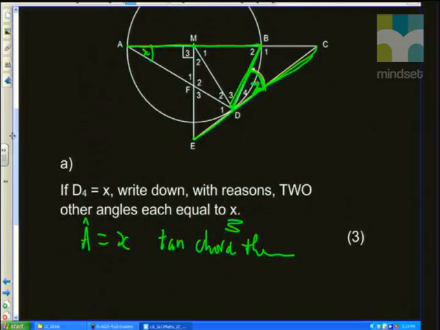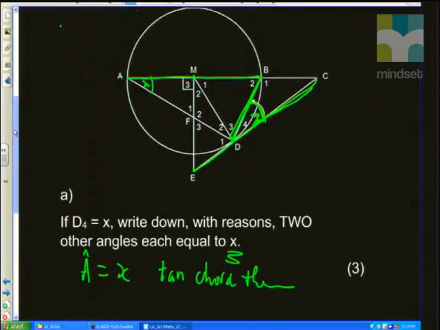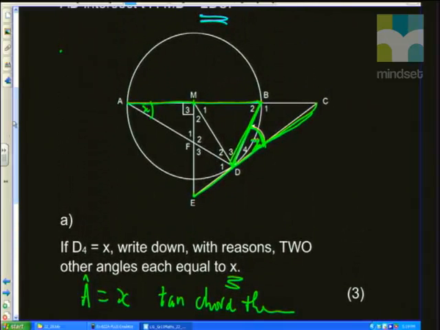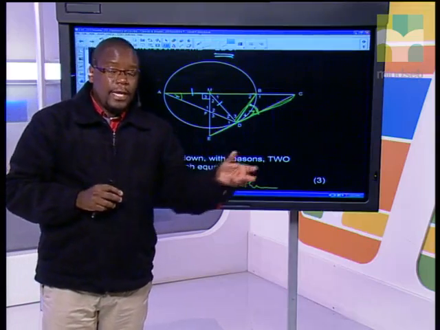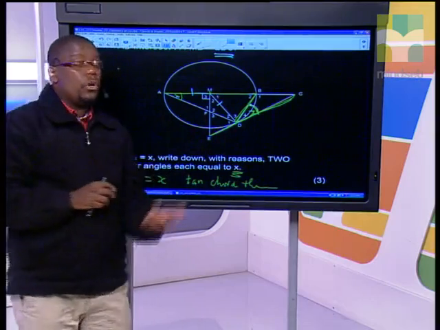So we've got the first angle that is equal to X. Now they needed 2. If we go to this circle, we know that AM is a radius and MD is a radius, so these two are equal. So AM will be equal to MD, which gives us an isosceles triangle. Again, as I was saying, your grade 8 geometry is also important.